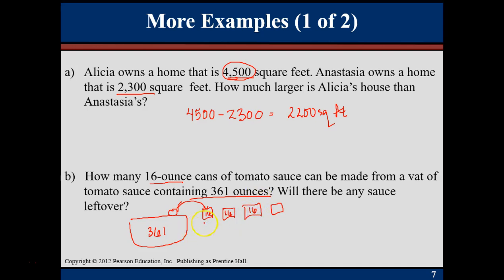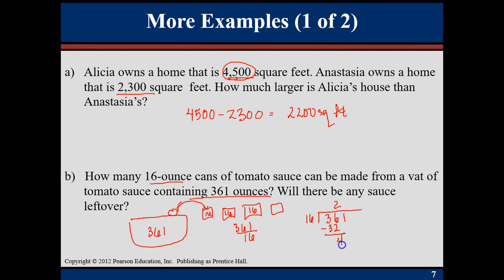Well, when you're dividing things out, you're divvying things out equally. That's divide. So I'm talking about 361 divided by 16. So 16 goes into 361 how many times? Well, 16 doesn't go into 3, but it does go into 36 twice. 2 times 16 is 32.